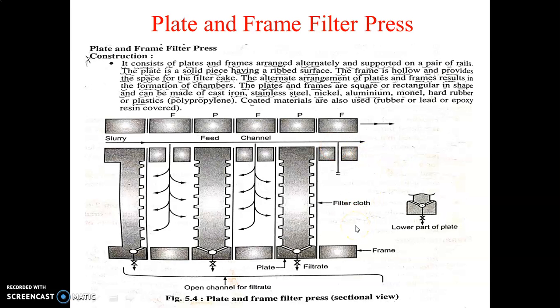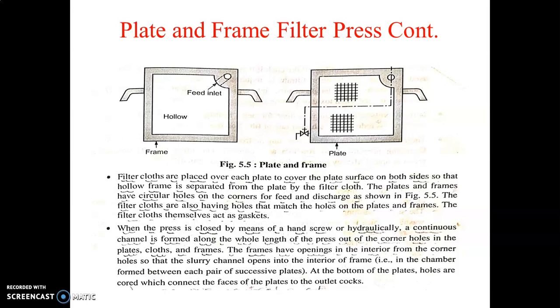So I will show the figure of that plate. So this is the plate. The plate has a solid surface. So this surface is solid, and this frame is hollow. That means there is nothing in here.